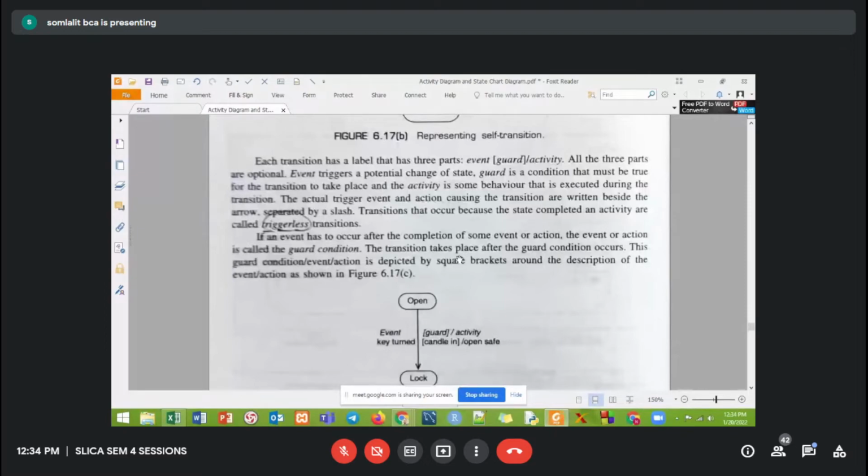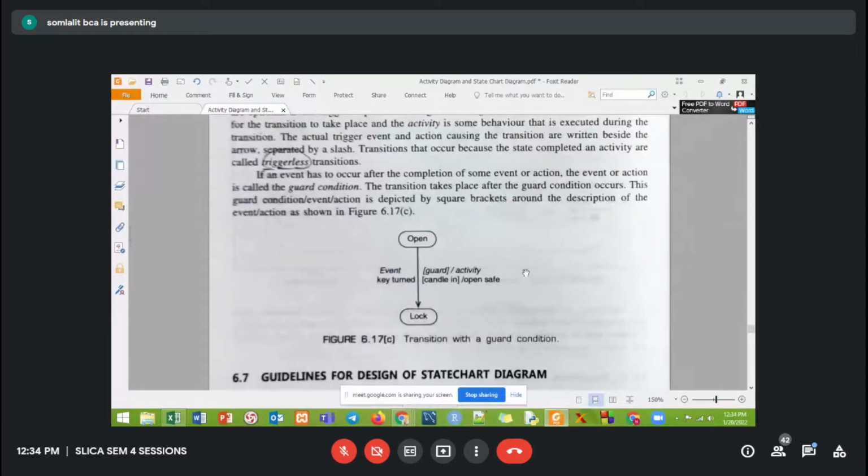So to go from one state to another state, you can specify the guard condition. But if you feel that it is understood, then you can go ahead with the triggerless transition. Triggerless transition in the sense that guard conditions are not necessary to specify. We will see some state chart diagrams in which the guard condition is not required to specify.